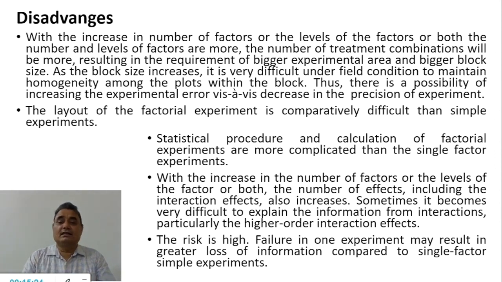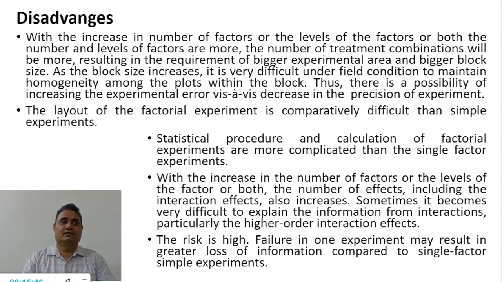Statistical procedure and calculation of factorial experiment are more complicated. Of course, when a combination of treatments is there, then the computation is also a bit complicated. With the increase in the number of factors or levels of the factor or both, the number of effects which you want to estimate will also increase.